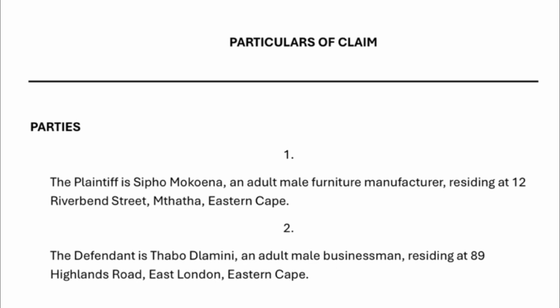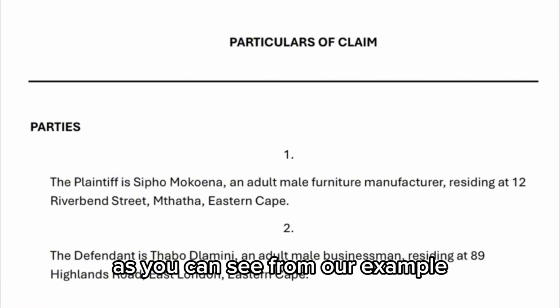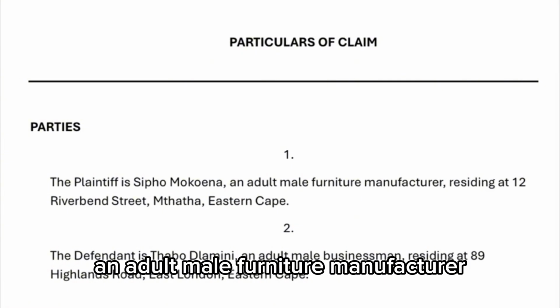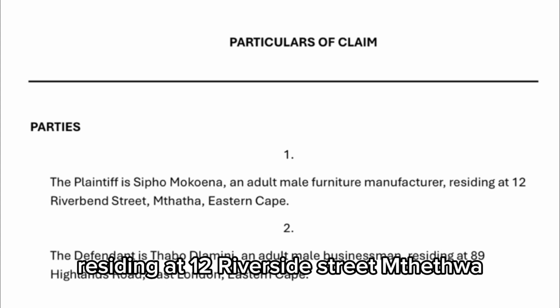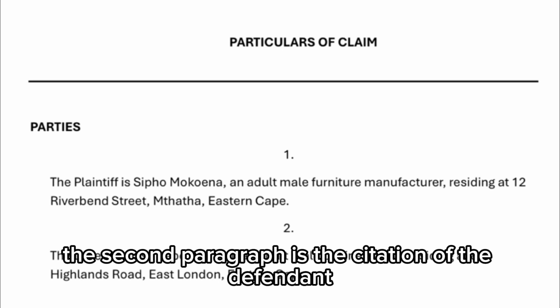Moving on, the first paragraph is the citation of the plaintiff. As you can see from our example, the plaintiff is Sipho Mokoena, an adult male furniture manufacturer residing at 12 Riverside Street in Tetwa, Eastern Cape. Now, the second paragraph is the citation of the defendant.